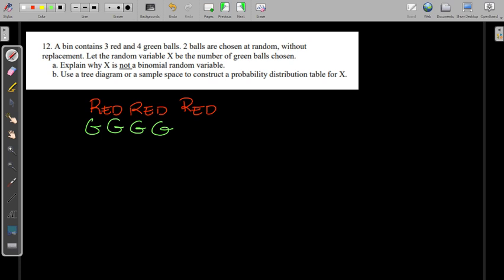That's easier than writing the whole word. 2 balls are chosen at random, so we're going to choose 2, that's 1 and 2, without replacement. Let the random variable X be the number of greens. X is equal to the number of green balls.